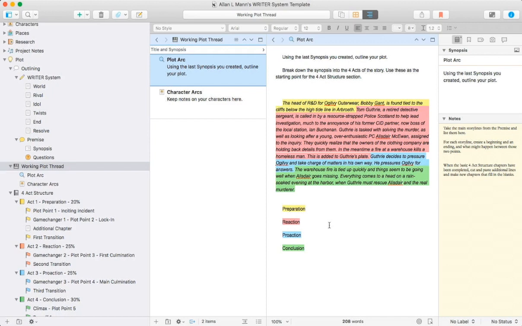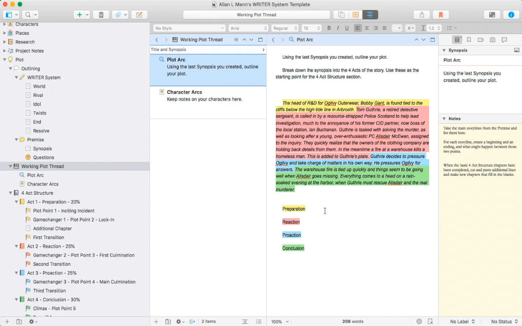The inciting incident, what leads him or her out of his or her norm, out of the day-to-day dealings of his or her life into the story. So in this case, the preparation, the head of R&D for Ogilvy Outerwear, Bobby Gant, is found tied to the cliffs below the high tide line in Arbroath.